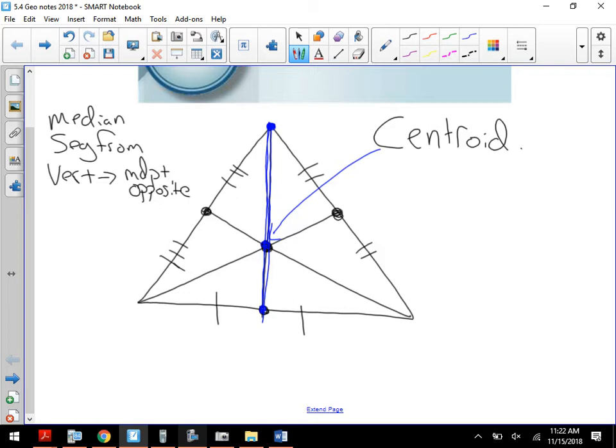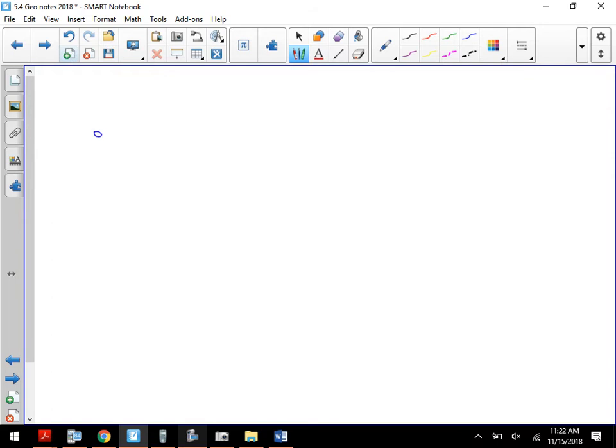But what I like to do with this is draw it as a segment. So we have vertex, centroid, and side. You okay with that? I'm just drawing that segment outside of the triangle right now. That whole thing is the median.